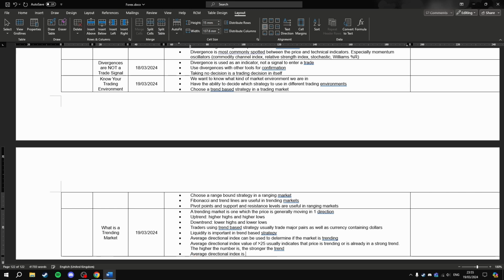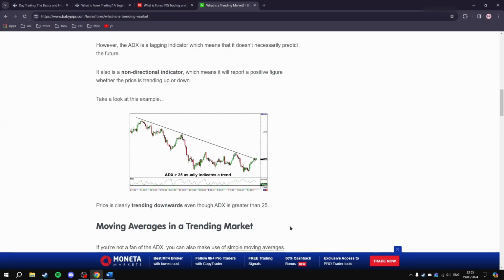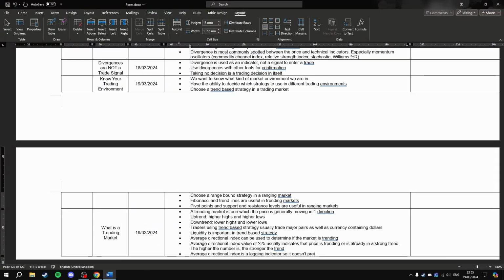Average directional index is a lagging indicator, so it doesn't predict the future.